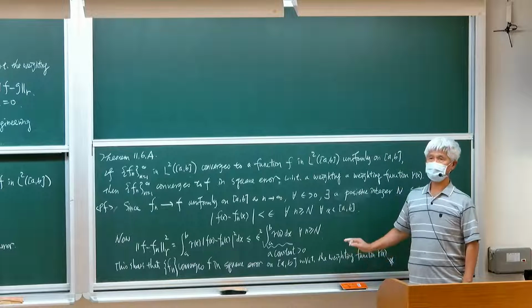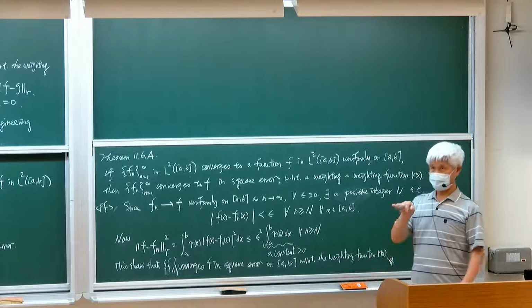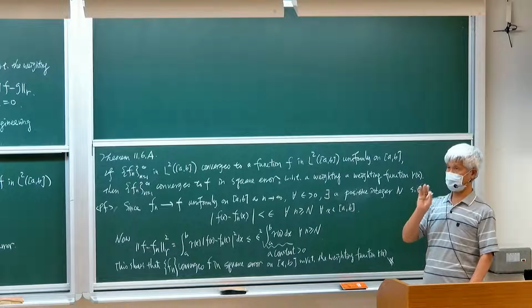So this shows uniform convergence implies convergence in square error.